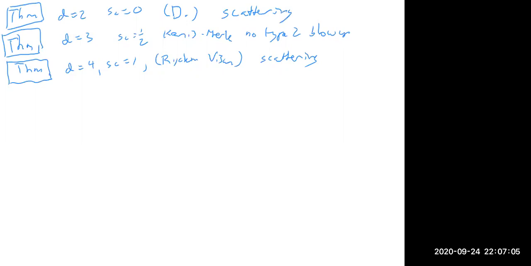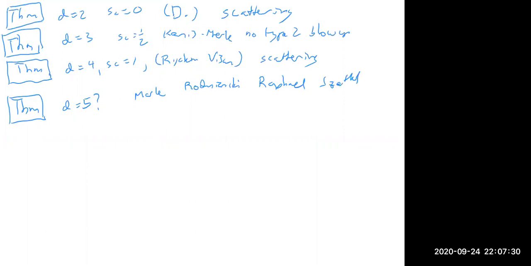And then very recently, I think in D equals 5, you have a result by Merrill, Rudnianski, Pierre Raphael and Sudeftel, where there is blowup.